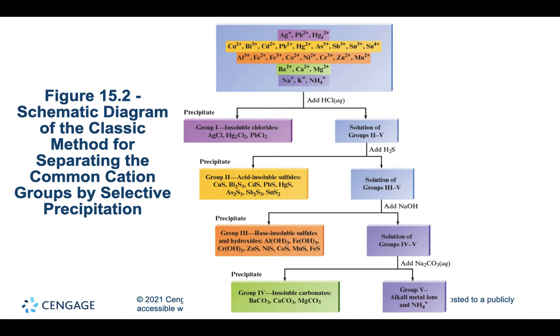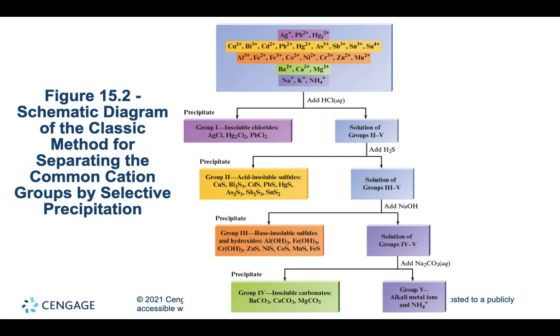That would be the copper 2, the bismuth, the cadmium, the lead, the mercury 2, the arsenic, the antimony, and the tin. Those would all be jumbled together as a mixed up precipitate at the bottom of the test tube, and then the liquid you would pour off would be the groups 3, 4, and 5.